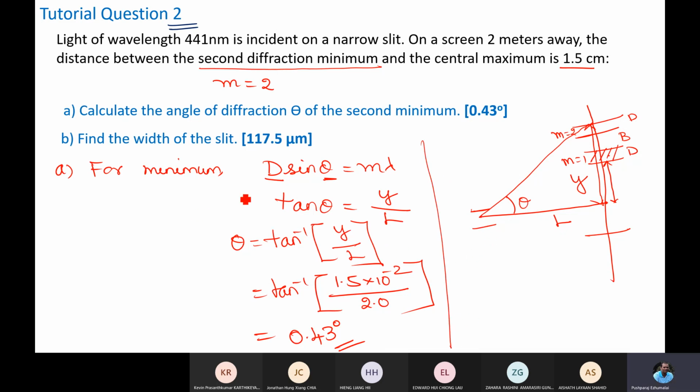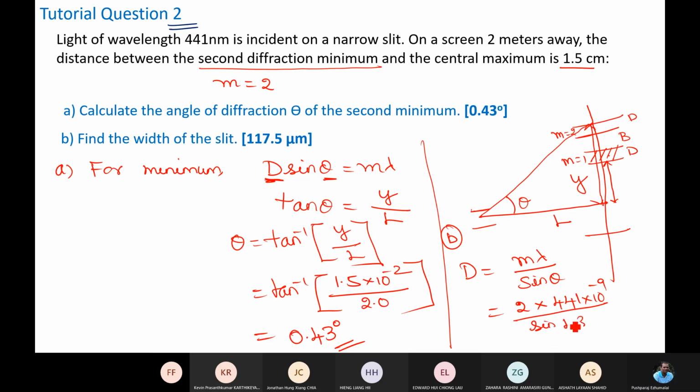Part B, we need to find the d value. D is equal to m lambda by sine theta. What is m? M equal to 2, because second minima. Lambda is 441 times 10 power minus 9, divided by sine 0.43.